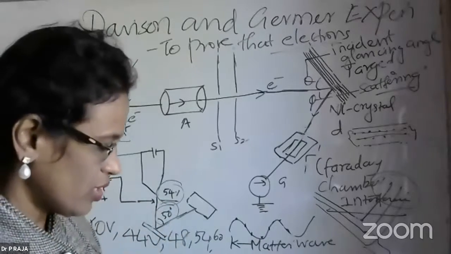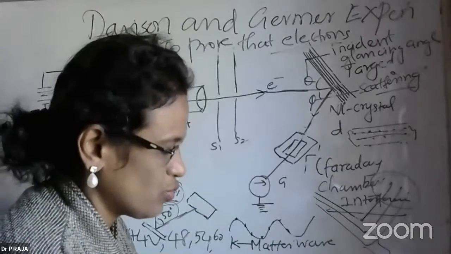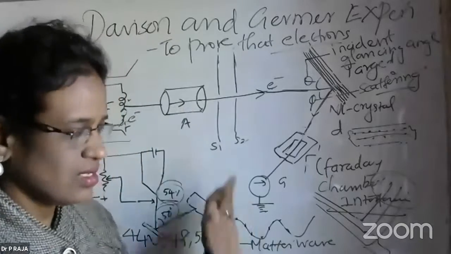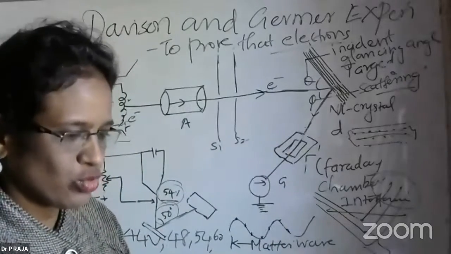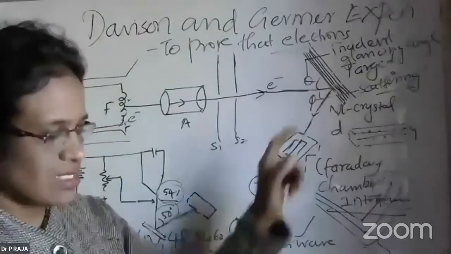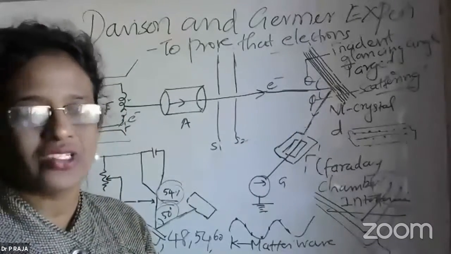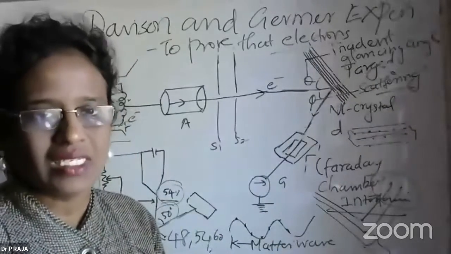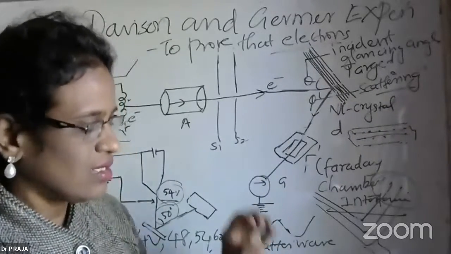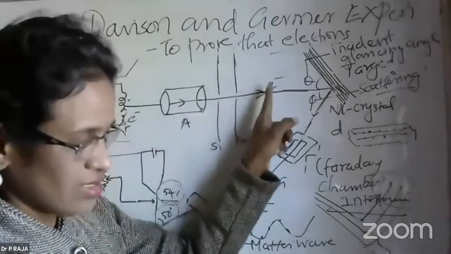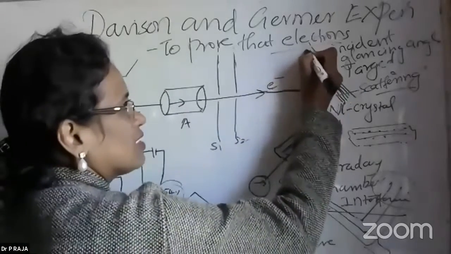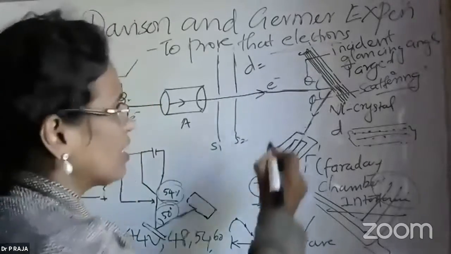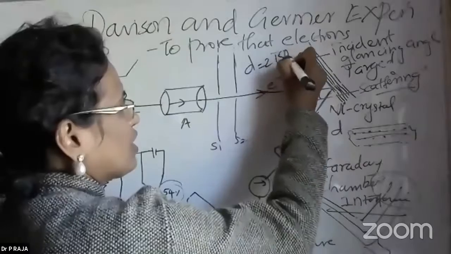Now, what does the experiment show? The X-ray analysis shows that the nickel crystal acts as a plane diffraction grating, where the d-spacing was found to be 2.15 Angstrom.